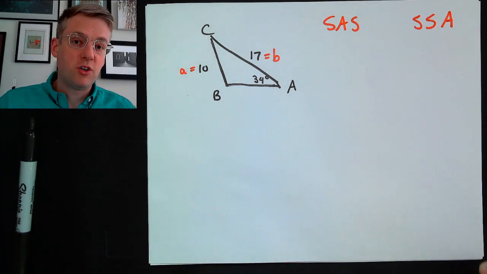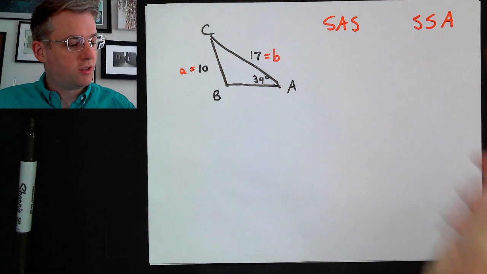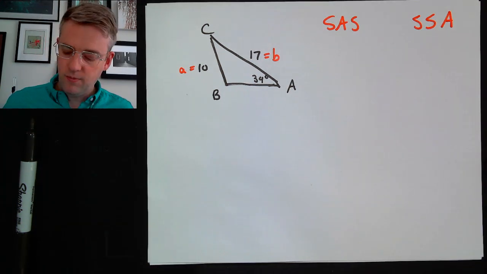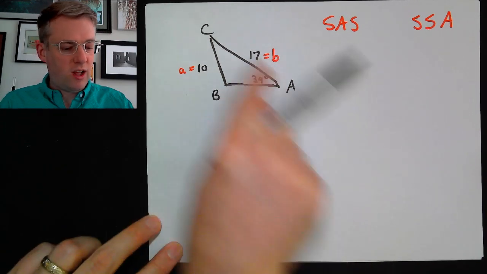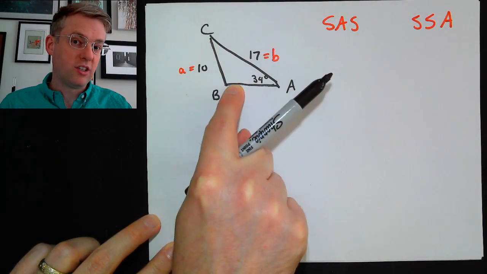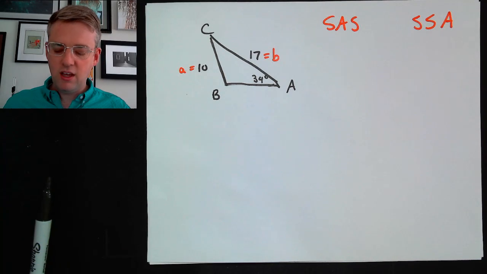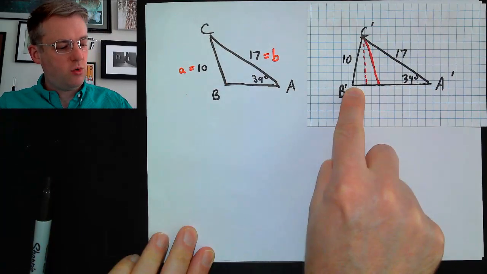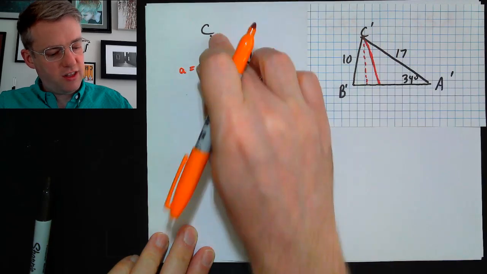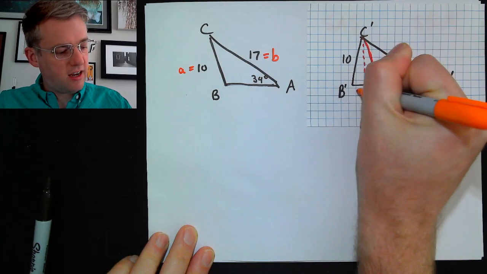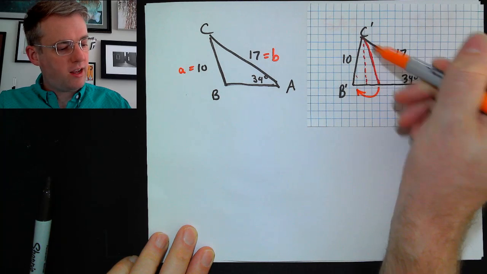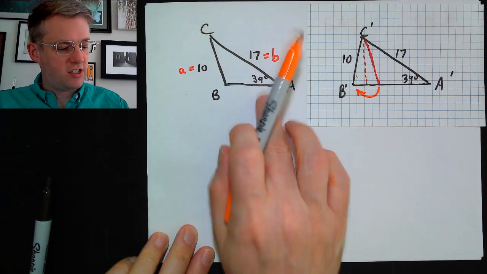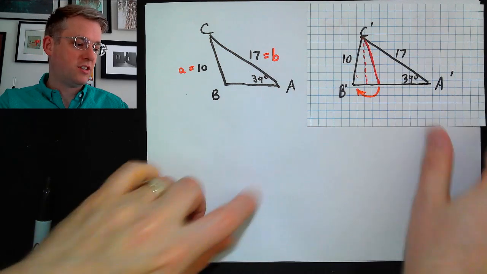If you remember your geometry class, your teacher almost certainly told you side-side-angle just doesn't work except when there's a right triangle. That's because while here we've drawn it so it looks like it has an obtuse angle at B, there's another version of this triangle which would have an acute angle at B, like we shifted this out to the side. And if we had an acute angle at B and a larger angle at C, we could still have 17 and 10 and 34 degrees. So there are two options.